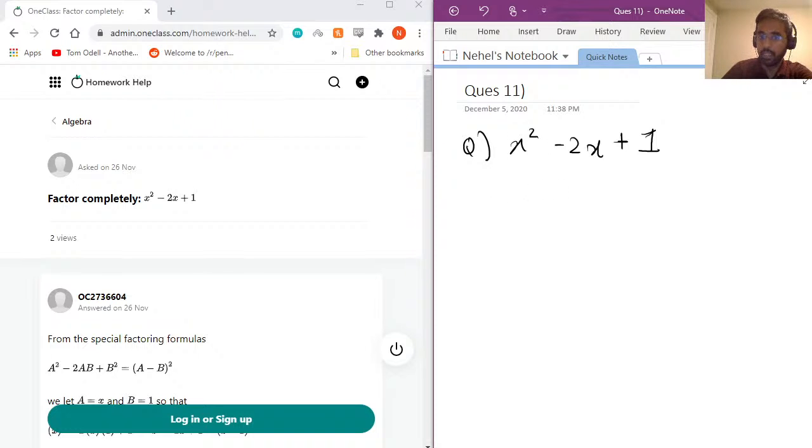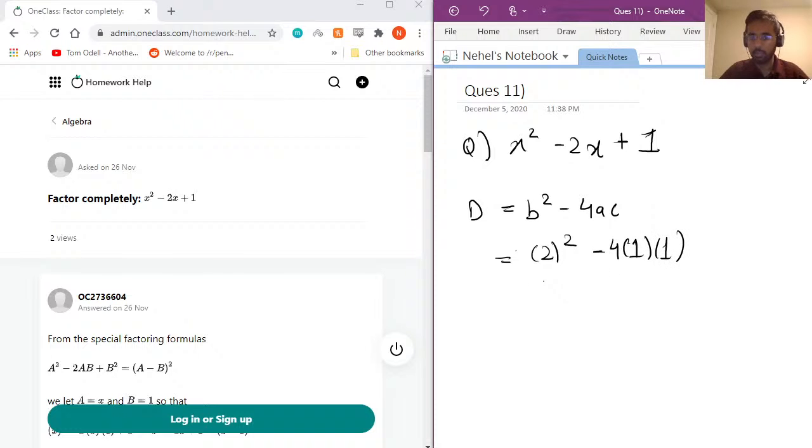Okay, so again, if we wanted to check what the nature of the roots are, we can do that by calculating the determinant, which is equal to b squared minus 4ac, which would be equal to 2 squared minus 4 times a, which is equal to 1, and then c, which is also equal to 1. So we get 4 minus 4 is equal to 0, which means that we would only have one distinct real solution.